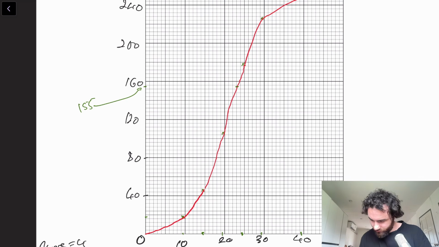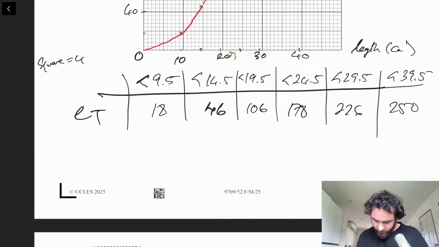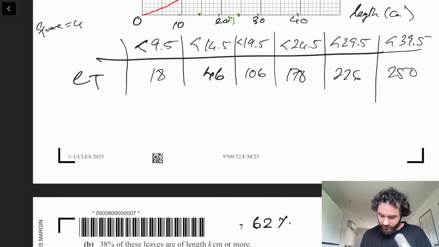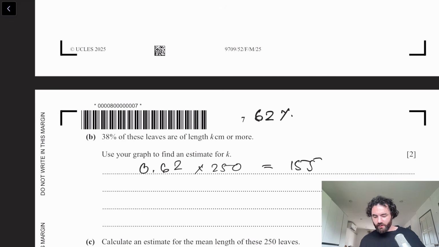I probably should have drawn it better. That's roughly 1, 2, 3, so it's roughly around 23. So K centimeters, or leaves that are K length or more, will be roughly 23 centimeters.